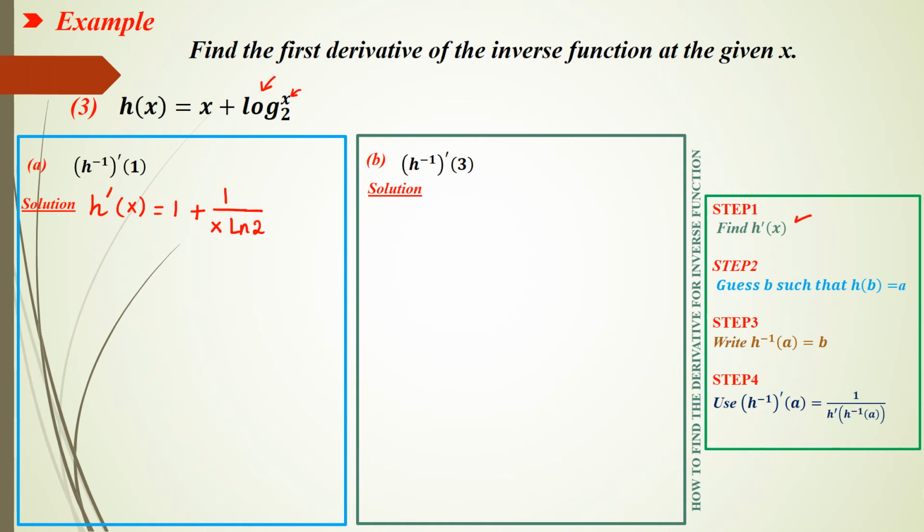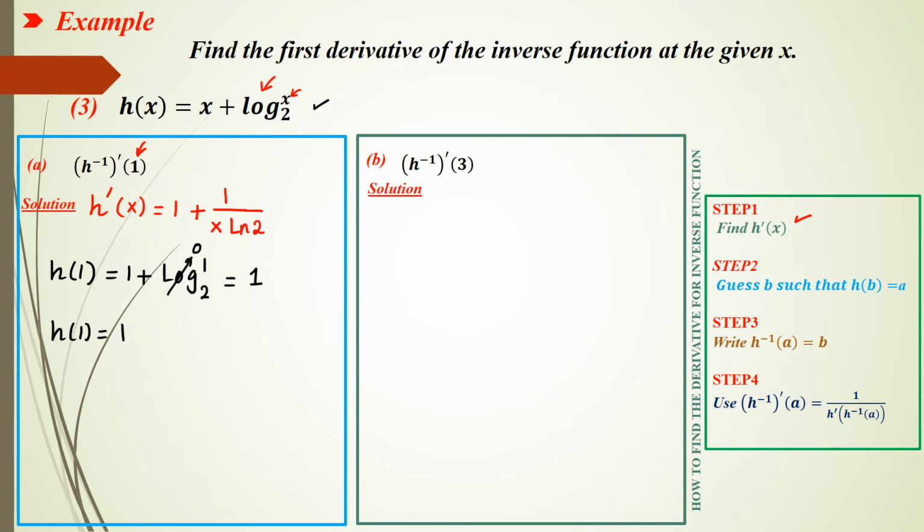This is step 1. Step 2, you have to guess a number x such that h of x equals 1 in our equation. So it is easy to find that if you replace x with 1 in our function, you will get 1 plus log 1 to the base 2, and log 1 to the base 2 equals 0, so we have h of 1 equals 1.